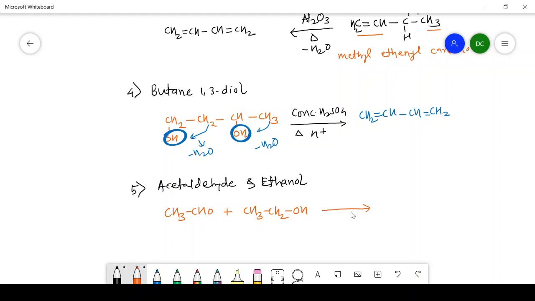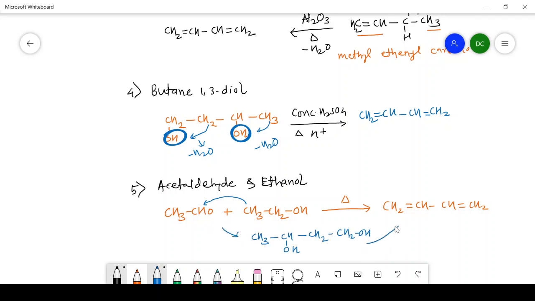When they are heated or passed over a catalyst under heating condition, they directly get converted into 1,3-butadiene. Now this reaction occurs in such a way that this carbon may attack on this carbon with the formation of this type of intermediate, and finally a dehydration occurs to form it.